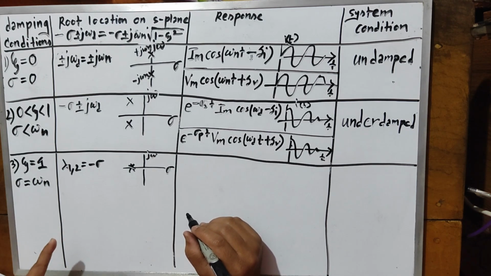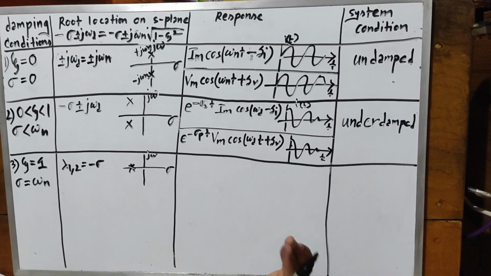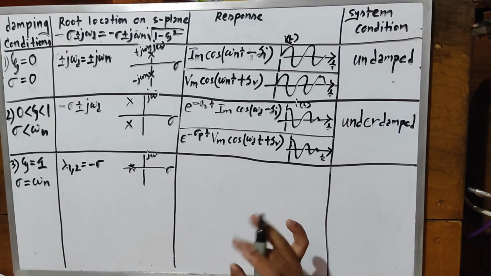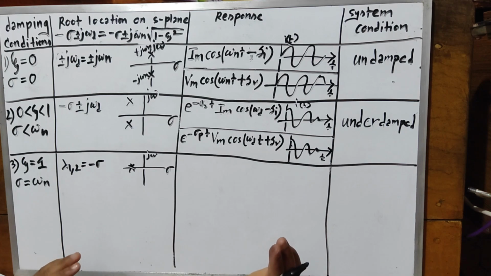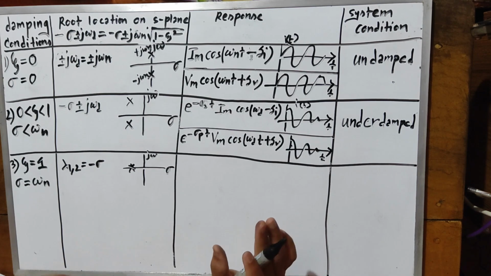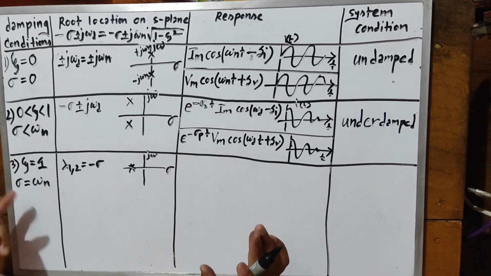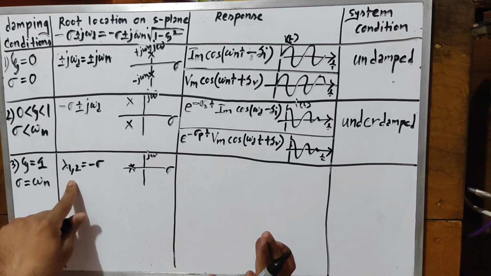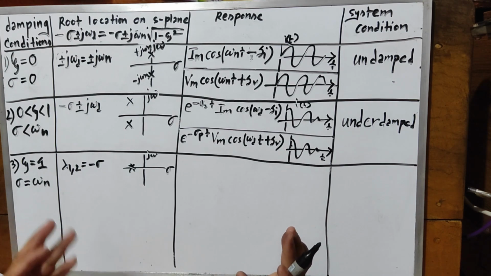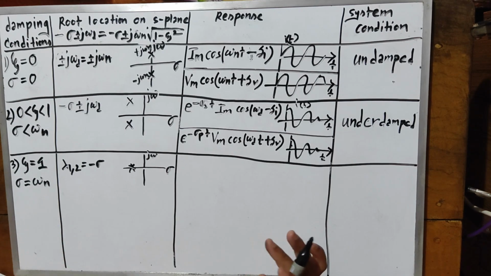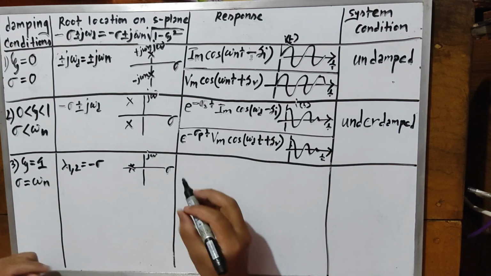Because the roots are the same, the equation for the circuit response won't be the same. I have derived the equation for the critical damping condition. When roots are the same, the method of solving the differential equation becomes a little bit different.